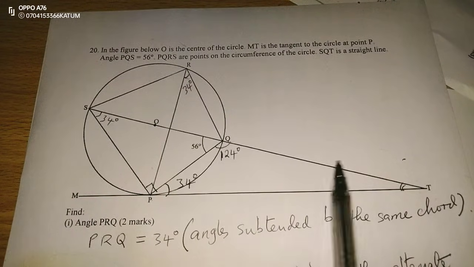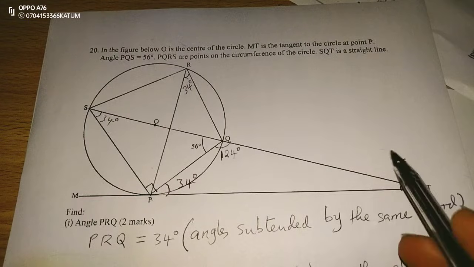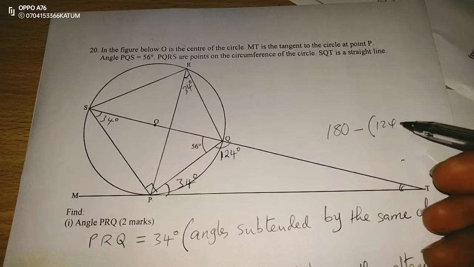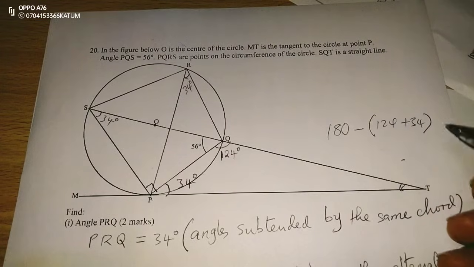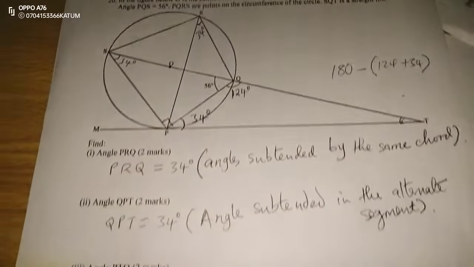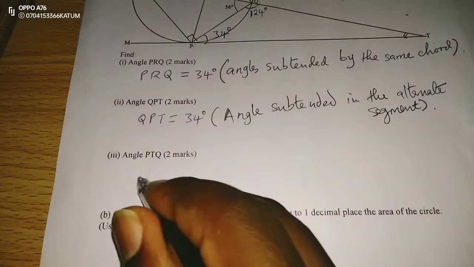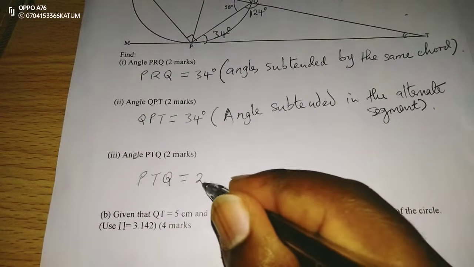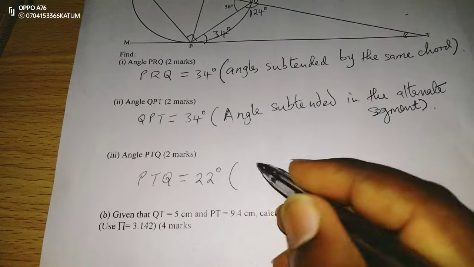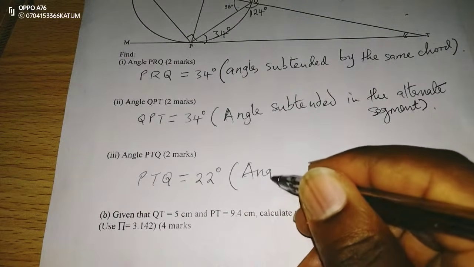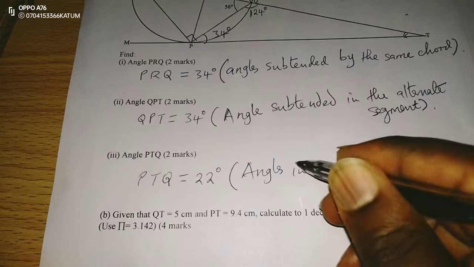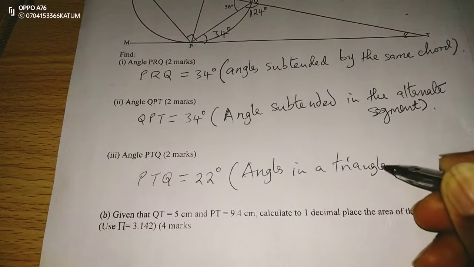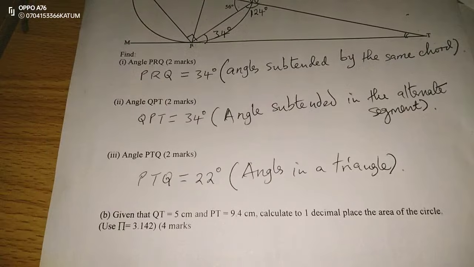This means automatically we will subtract from 180, 124, and 34. And this will give us exactly 22 degrees. So PTQ equals 22 degrees, angles in a triangle.